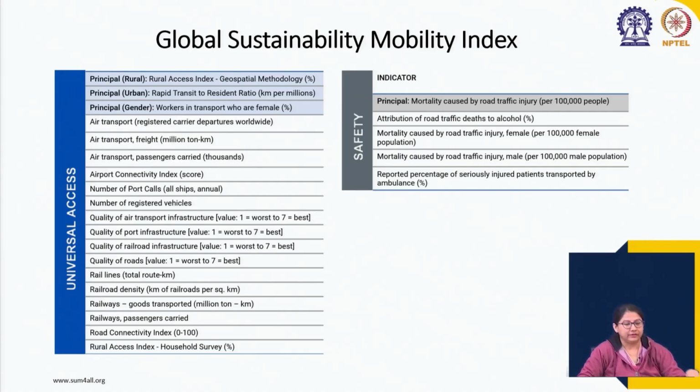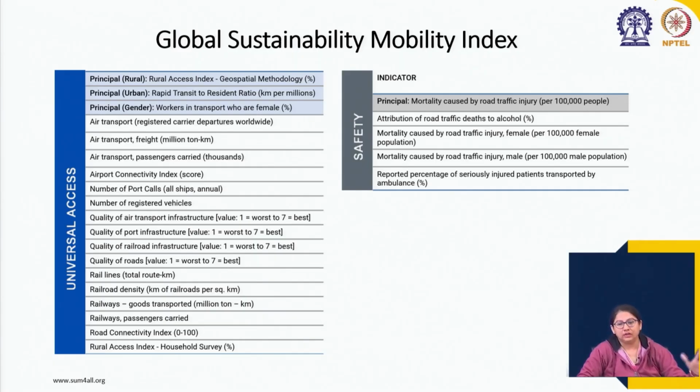The overall value of goods transported through railway network, railroad density, the passengers carried in railway are also included. If we look into the other goal of safety, we have the principal indicator, which is mortality caused by road traffic injury per lakh population.